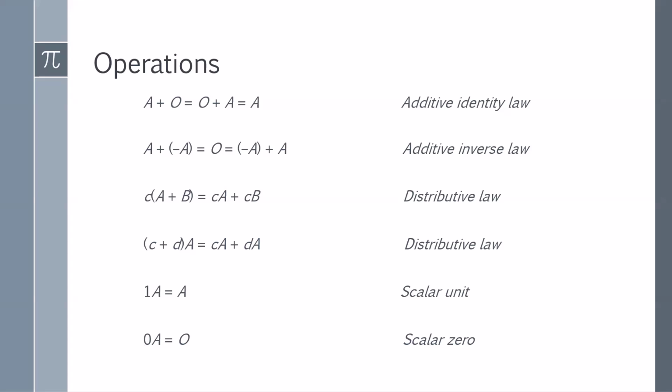If we have a number C and we want to multiply that by the sum of matrix A plus B, then we get C times matrix A plus C times matrix B. If we have a sum of scalars and we want to multiply that by a matrix, then we get C times A plus D times A for scalars C and D. 1 times a matrix A is matrix A, and 0 times matrix A is a matrix consisting of entirely zeros.